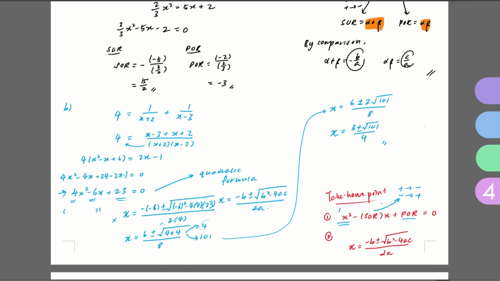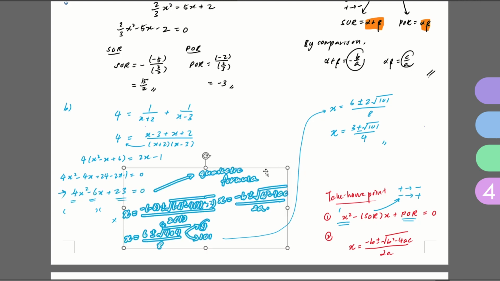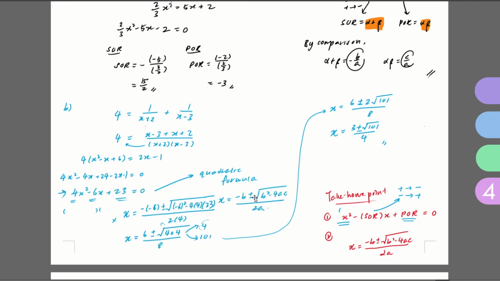For POR, it's quite straightforward, just pull out. The second point would be this quadratic formula. Whenever you substitute these values into the equation and find out that it is a decimal, we need to use the quadratic formula to obtain our answers. It's very easy, just find the a, b and c from this quadratic function.